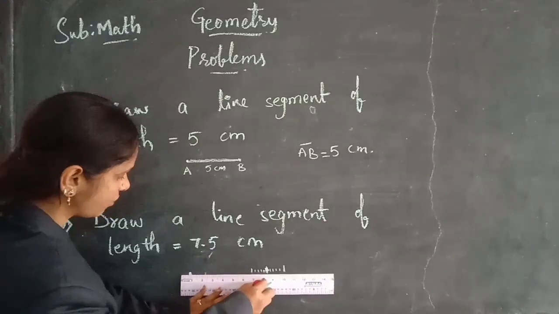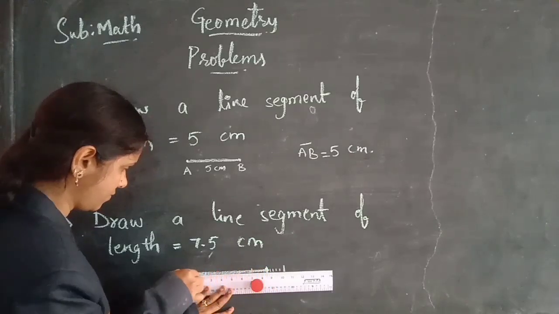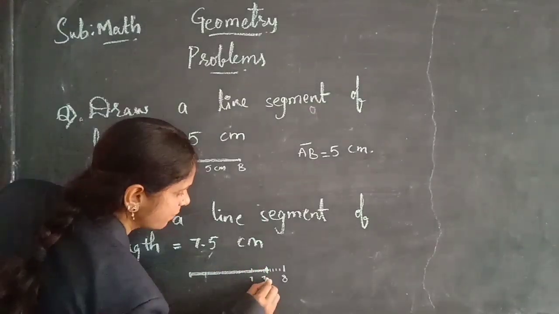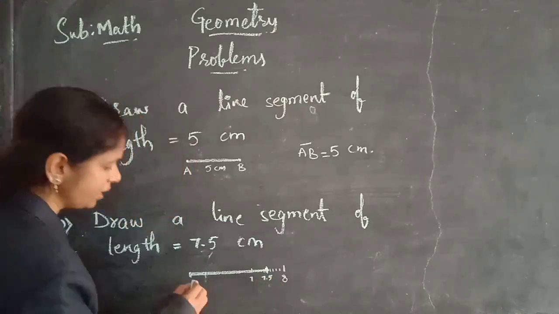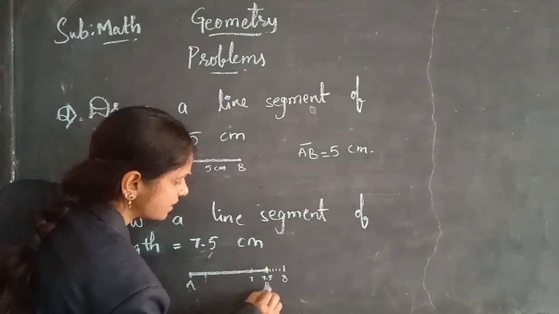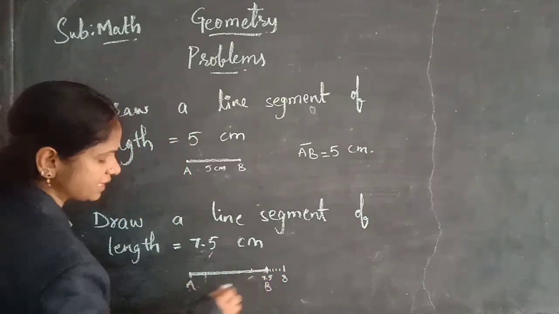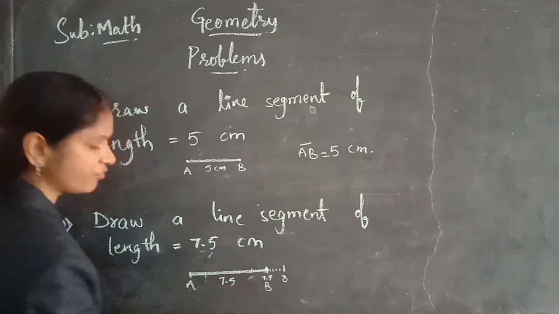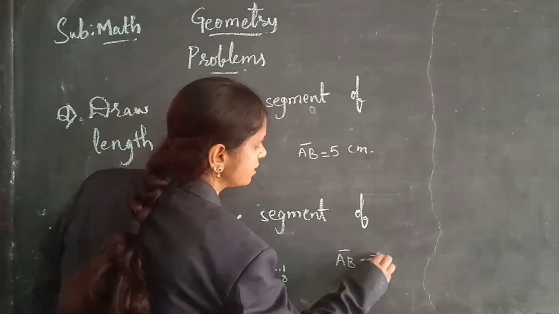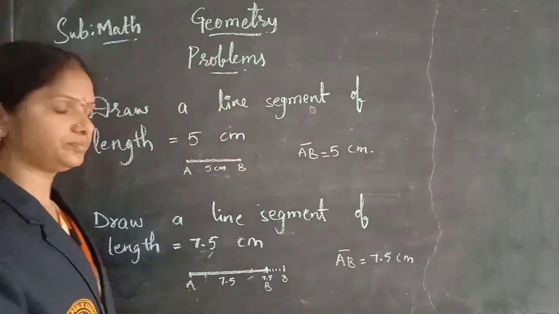So I am joining the required points. This is the required point, here 7.5. So this I am marking as A and this I am marking as B. So B is 7.5, which means the given line segment length is 7.5 centimeters. So AB length is equal to 7.5 centimeters.